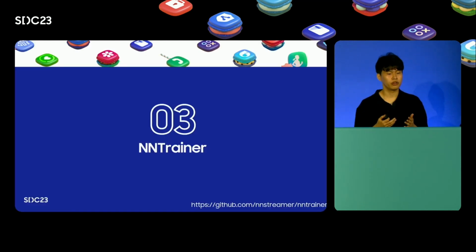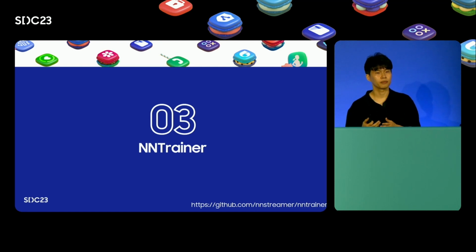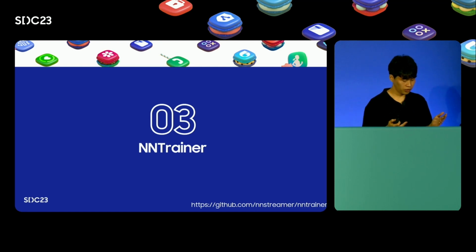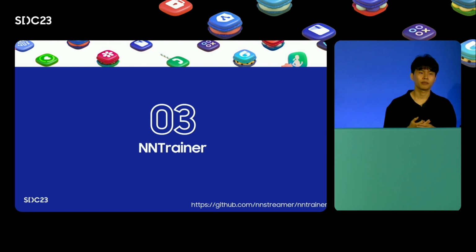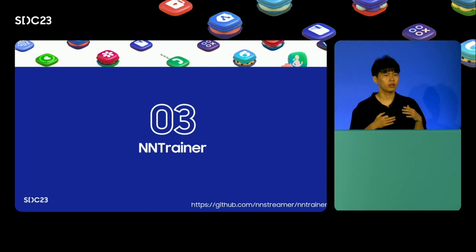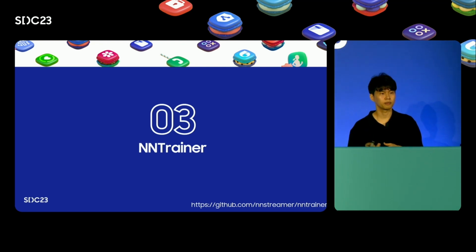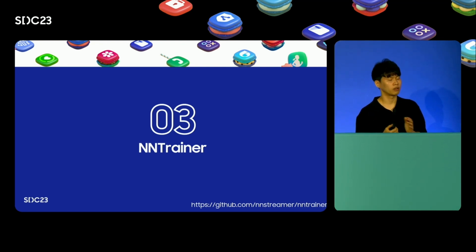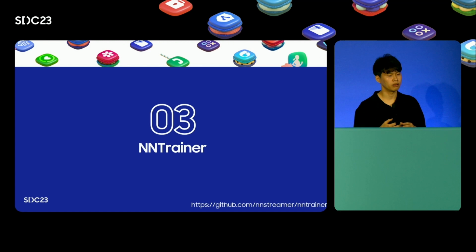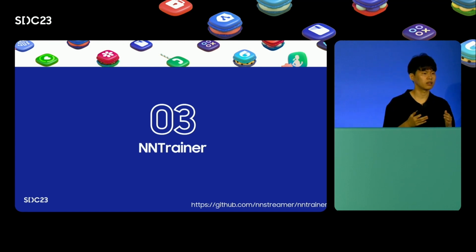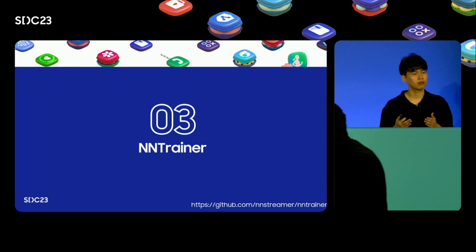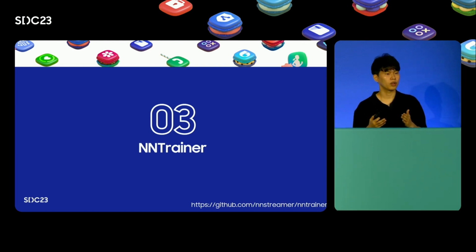Now, I will introduce NNTrainer. Before explaining about NNTrainer, let's see what we can do with it. I will show you a demonstration, and in this demonstration, NNTrainer will personalize the text-to-speech model to generate speech with the user's own voice.